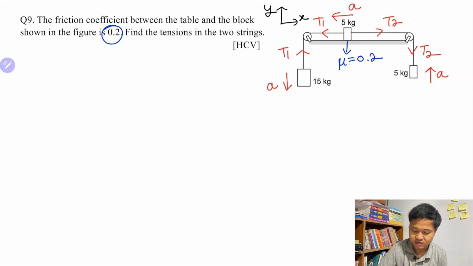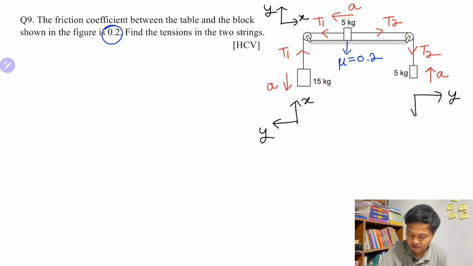For the 5 kg block, the coordinate takes a 90 degree turn, clockwise 90 degrees. So that means your xy will be y, and then this is x.